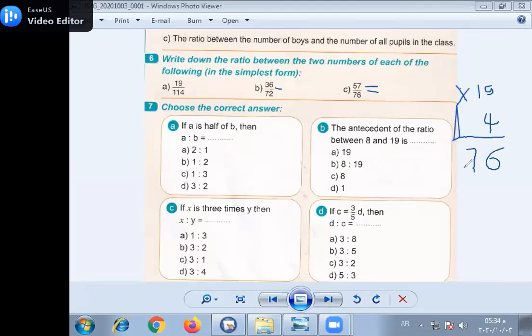Yes, excellent. It's 3 over 4, divided by 19. Thank you.